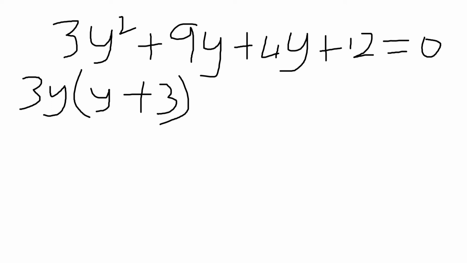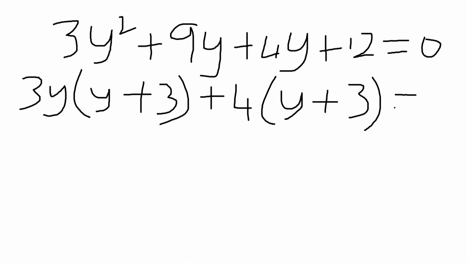And considering the last two terms, we have 4 to be common, and that is positive 4 to be precise. So positive 4 is common. We are simply left with y plus 3, and this is equal to 0.